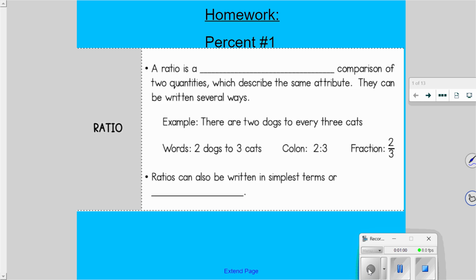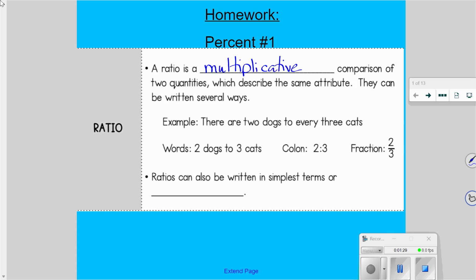If I have 2 fractions side by side and I'm going from one to the other, what do I do? Which one do I normally do? Multiply. So how do I describe that relationship? Multiplicative. So it is a multiplicative relationship. Okay? So it's a multiplicative comparison of the two quantities.